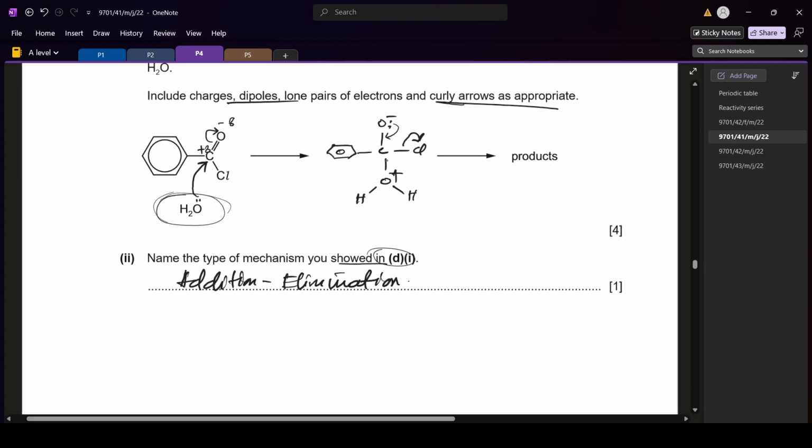And then in the second step, this Cl group and this H group are removed, so the carbonyl is formed again and it is eliminated. So this is an addition elimination reaction.